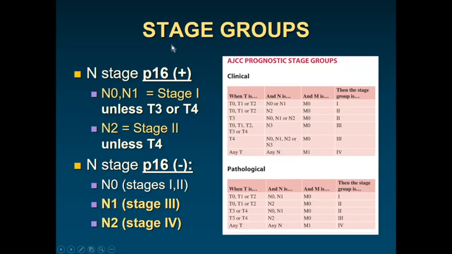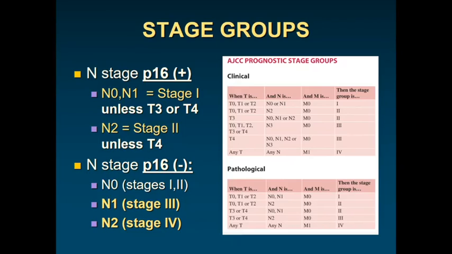In terms of the stage groupings, the overall stage is strongly impacted by the N stage for P16 negative cancers. But for P16 positive, you can have N0 or N1 disease, and it can still be stage 1 unless the T stage is higher. And N2 disease is only stage 2. This is a big deal because previously this would have been stage 4 disease with a P16 negative cancer.